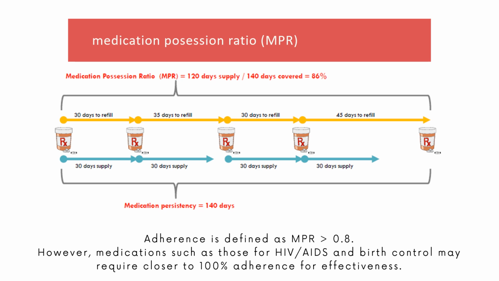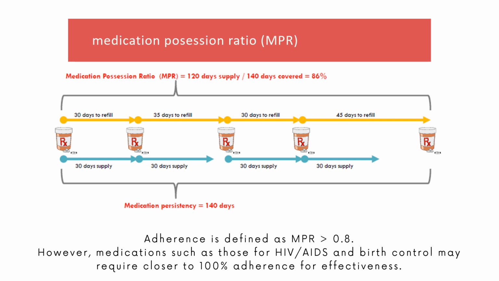And this is the example of calculation. For example, 120 days of supply. This is the example of the calculation or the diagram showing the patient's tracking of the medication that is being refilled or supplied.